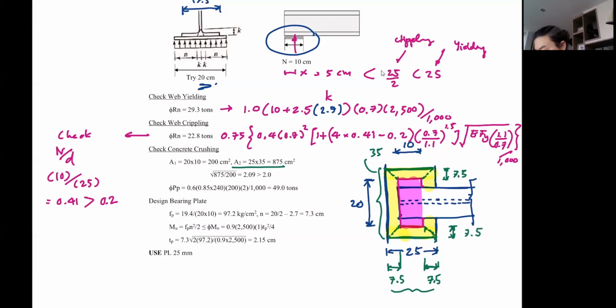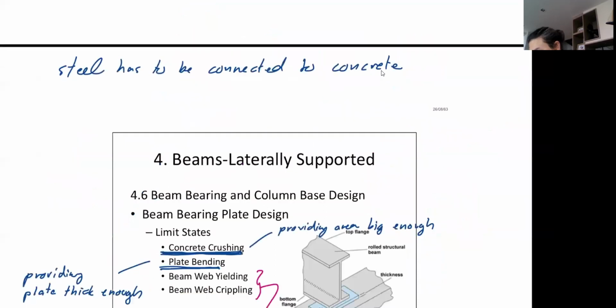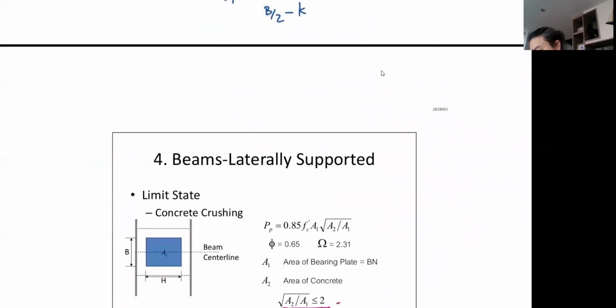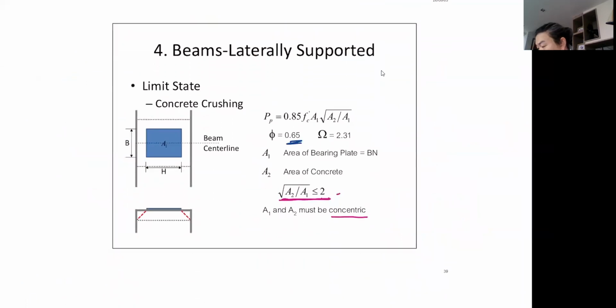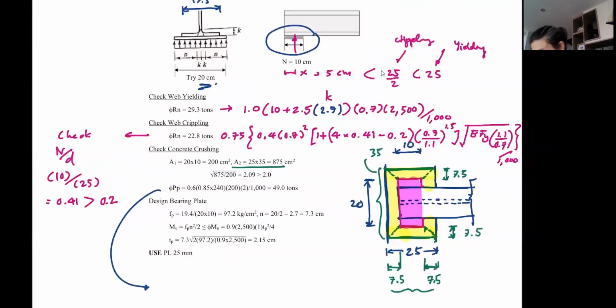And therefore, from the formula, which is this one, let's see, phi is supposed to be 0.65, isn't it? Make a mistake. Yeah, it's 0.65, my apologies. So this has to be, that's wrong. Okay. So it's 0.65.